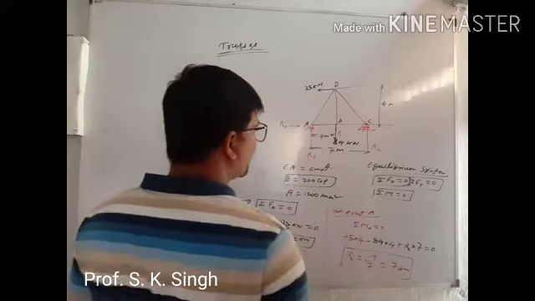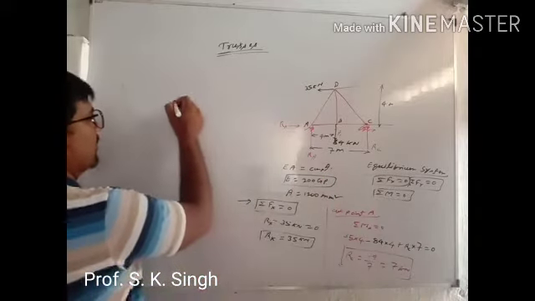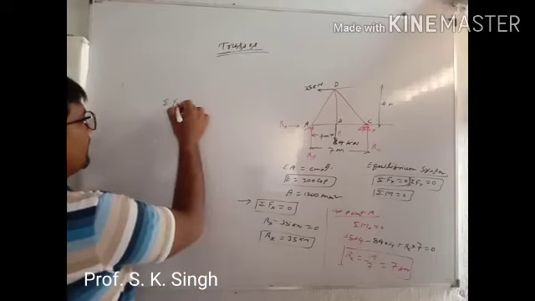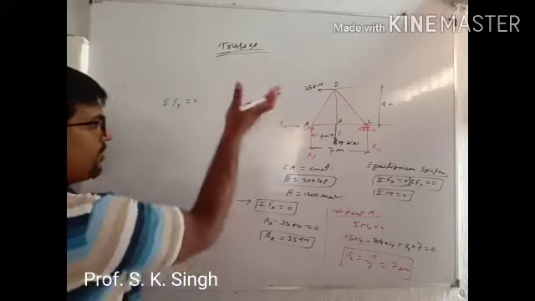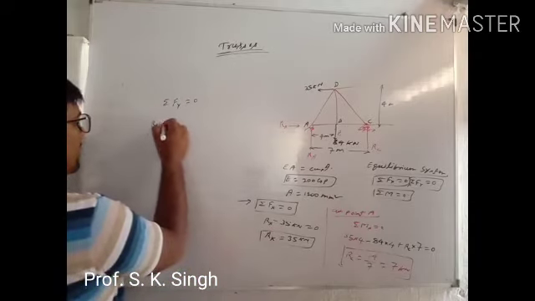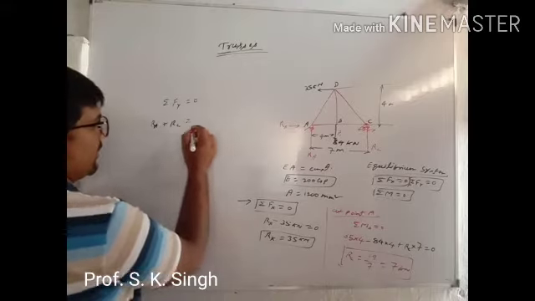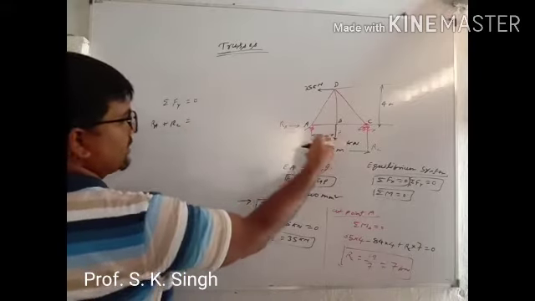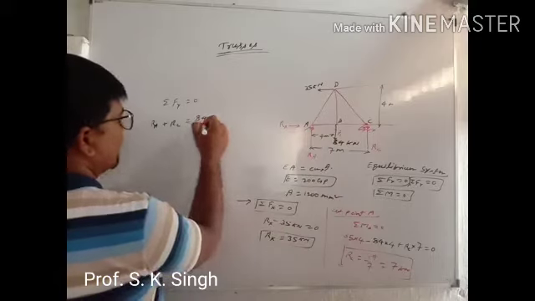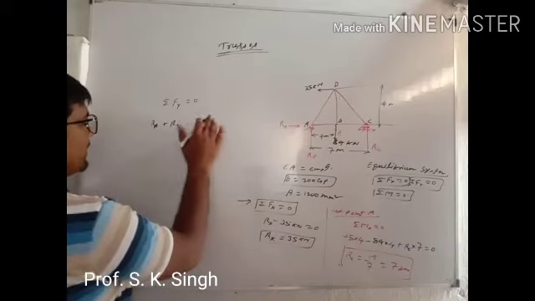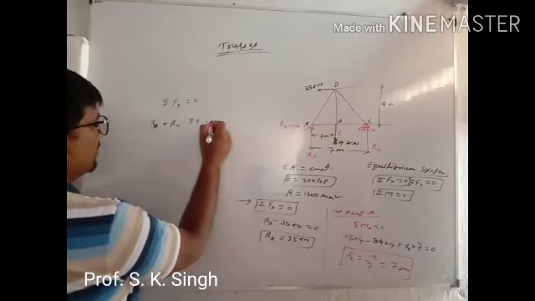For RA, we go for summation of Fy equal to 0. Upward is RA plus RC, downward is this one only, minus 84, equal to 0.